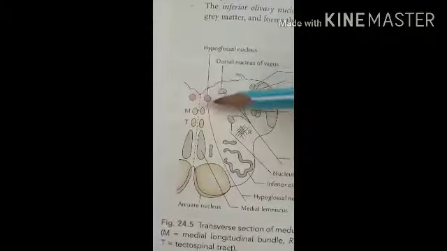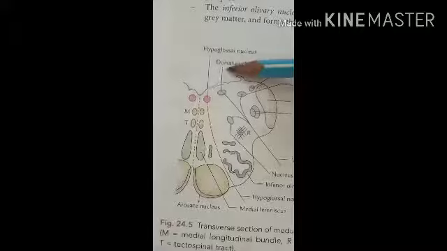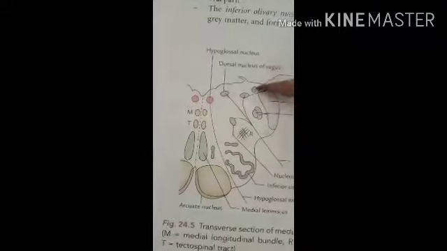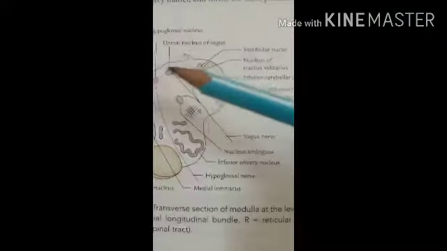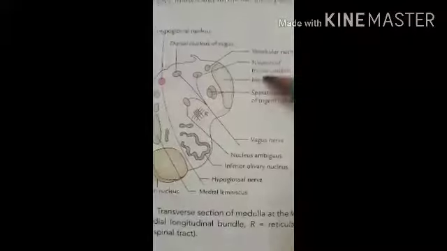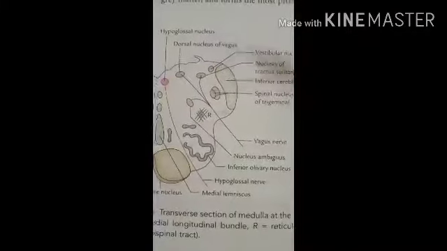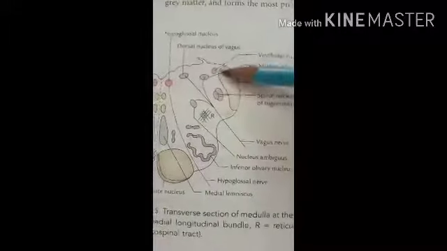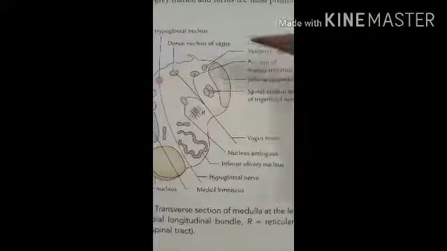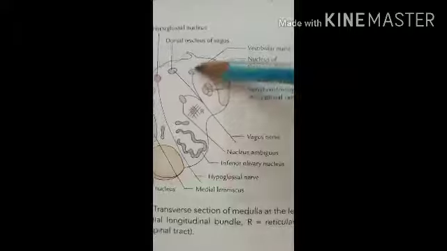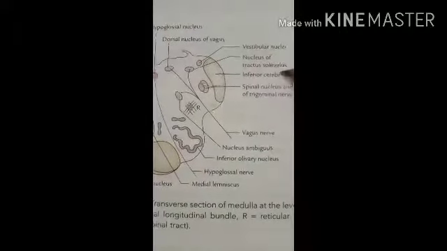Then lateral to it is the nucleus of vagus, and on the lateralmost side the nucleus of the vestibular nerve is present. Below the nucleus of the vestibular nerve there is the nucleus of tractus solitarius.